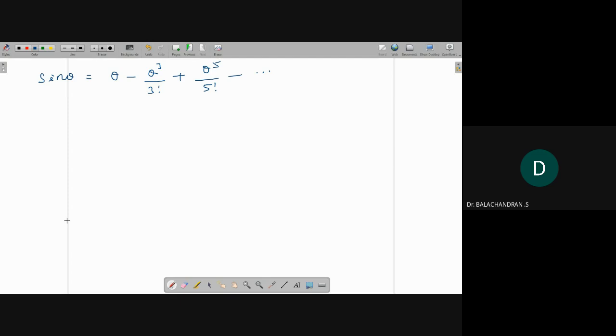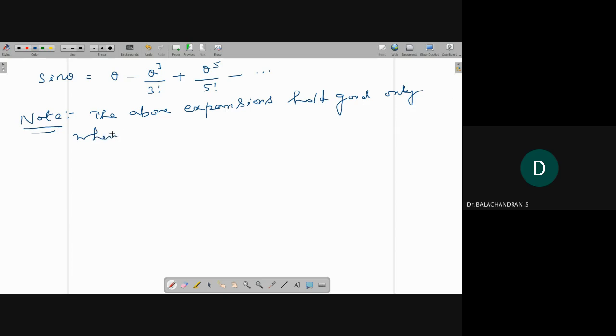So now you can write a note: the above expansions of sine theta and cos theta hold good only when theta is expressed in radians.